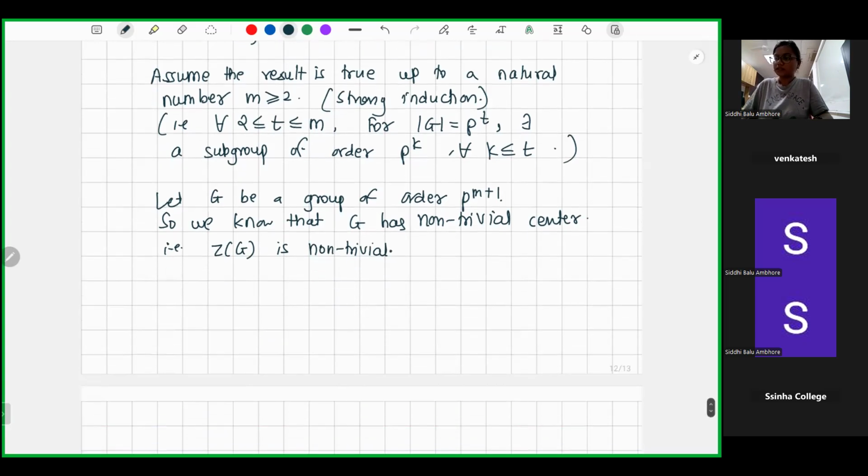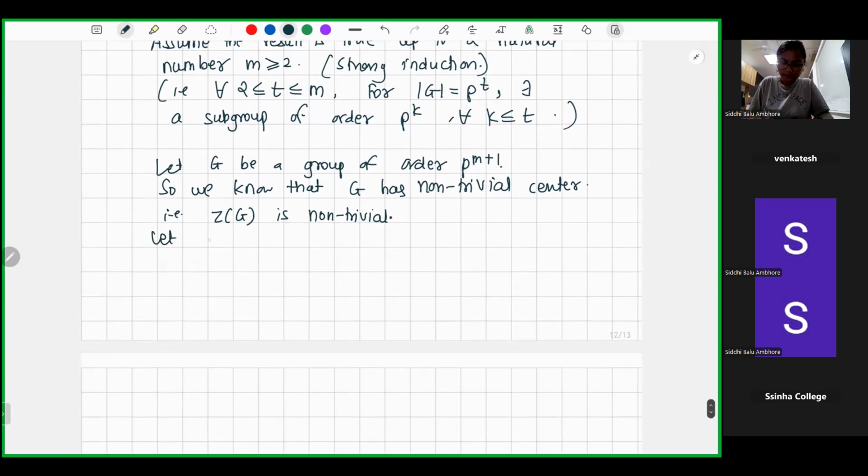Okay, and so let x be some element in Z(G).